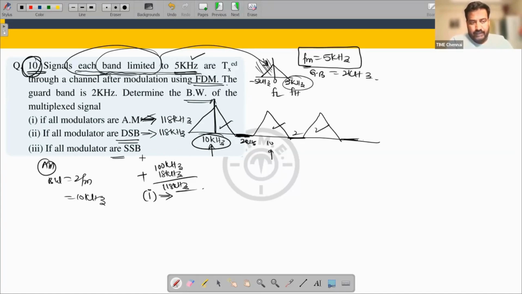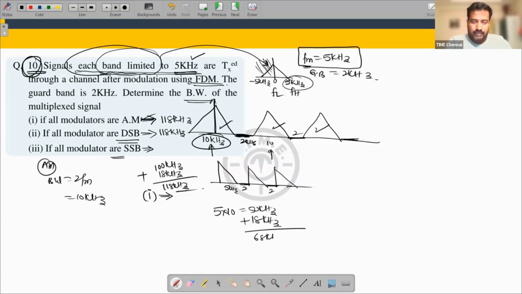Now if you replace all of them with SSB, for example, you are considering the upper side band, this will be only 5 kilohertz, followed by guard band of 2 kilohertz, then again 5 kilohertz, guard band of 2 kilohertz, 5 kilohertz, and so on. So this will become 5 into 10, 50. Plus guard band, remember, will not change. 9 guard bands will be there, each of 2 kilohertz. This will remain the same, 18. So total will become 68 kilohertz.